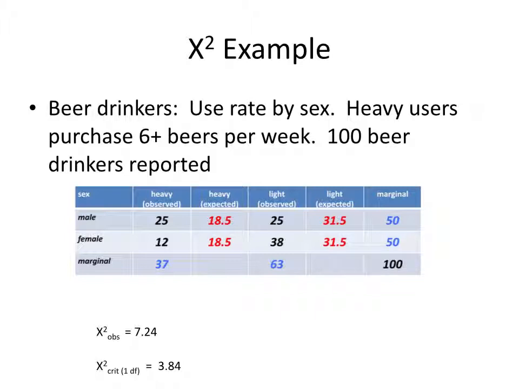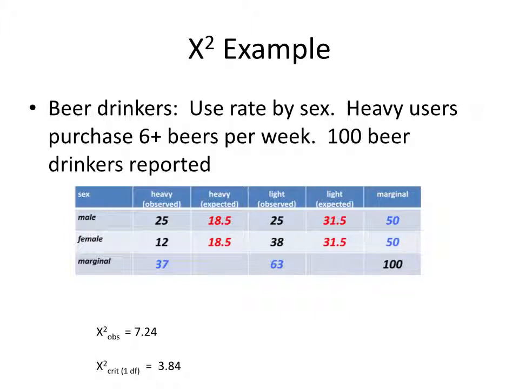One more drinking example. Now we'll look at beer drinkers and use rate by sex. So use rate is a typical measure, and marketers often segment their markets into heavy users and light users. So we need to define what a heavy user is. Heavy users purchase 6+ beers per week.